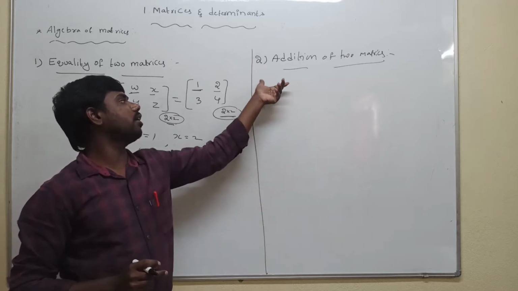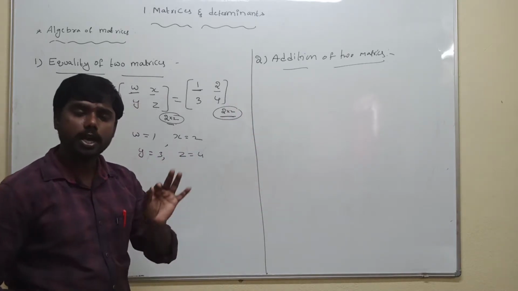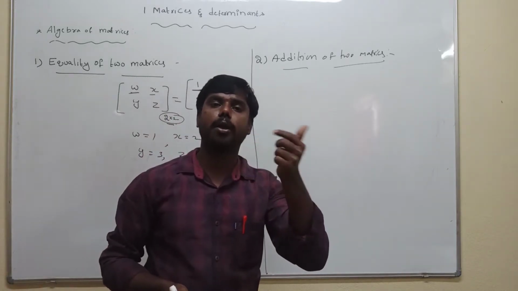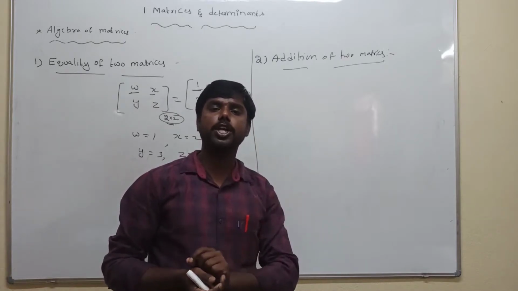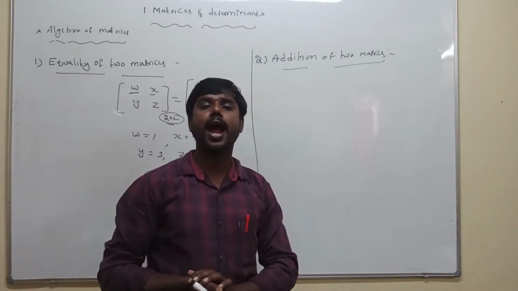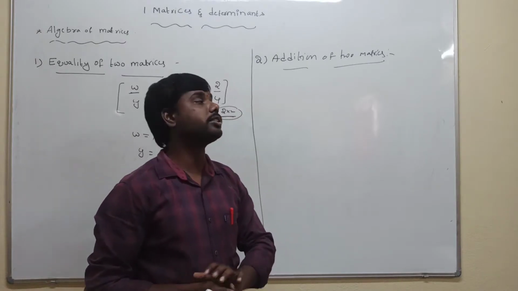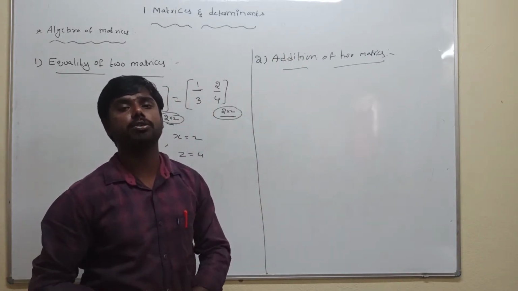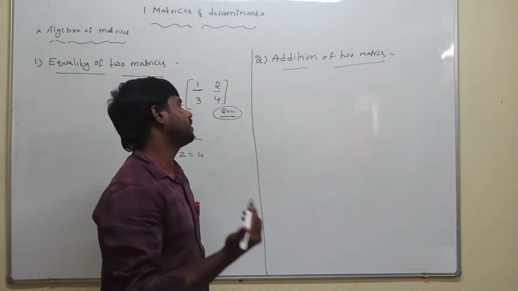What is the condition for the addition of two matrices? A and B have the same order, then A plus B is obtained by adding the corresponding elements in matrices A and B. It is called addition of two matrices.